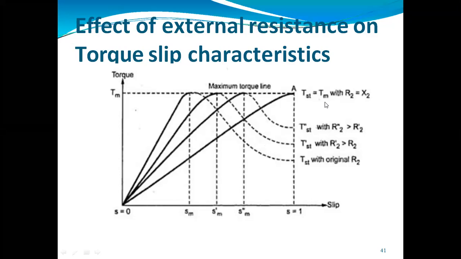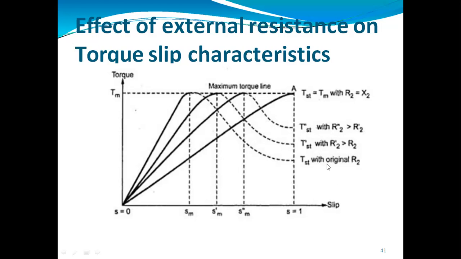So here, if we are taking starting torque equal to maximum torque with the value of resistance equal to X2, at that time you will get the value of maximum torque. And if you are increasing the value of resistance compared with the previous resistance, you will get a lower value of torque compared with the slip.